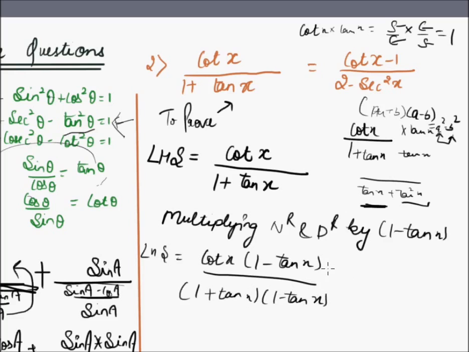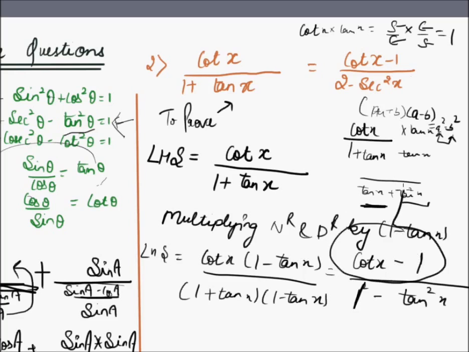So the denominator becomes a square minus b square, that is 1 square, which is 1, minus tangent square x. Cotangent x into 1 is cot x, and cotangent x into tangent x, we have proved that it is 1. So we have achieved the numerator, but the only thing left is some modification in the denominator.